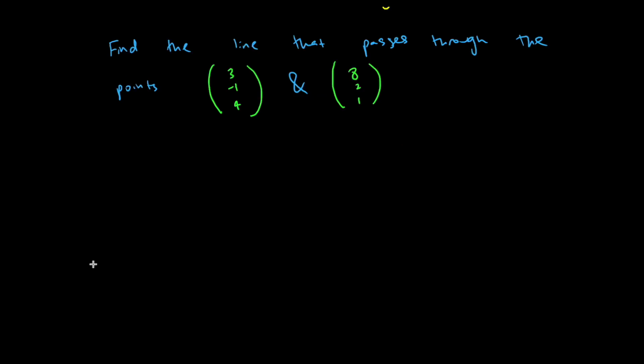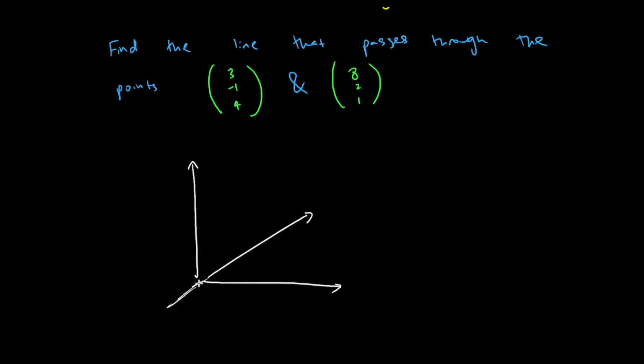All right, this new question is asking for the line that passes through (3, -1, 4) and (8, 2, 1). So I guess we could graph this again, making it a bit more clear. We have (3, -1).